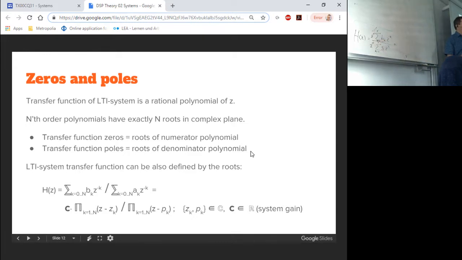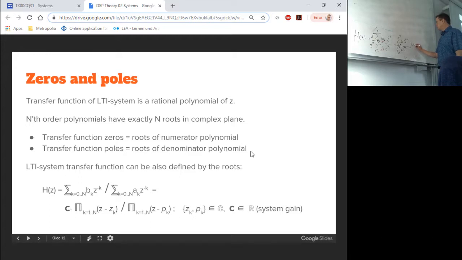So now I have positive polynomial coefficients. I have the sum over k from 0 to n of bk times z to n minus k, and the sum over k from 0 to n of ak times z to n minus k, which is nice.